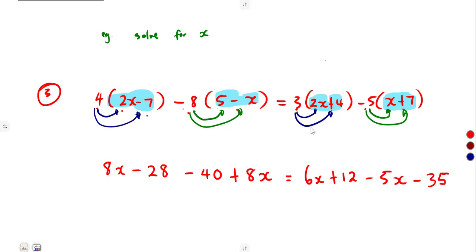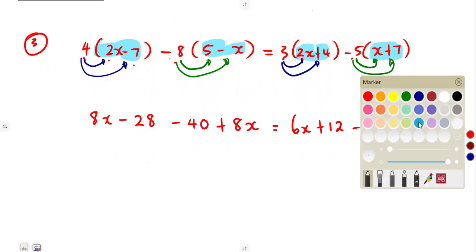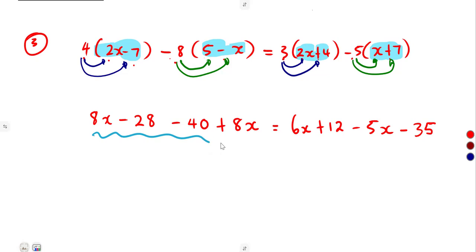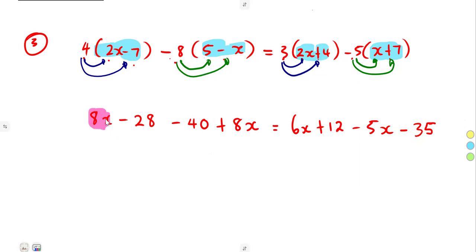All right, so this is where you are. Before you work out what is on the right-hand side, just simplify the left-hand side and the right-hand side separately. We can see that on the left-hand side, we've got like terms. So let us work out what is on the left-hand side. There is 8x and this 8x.